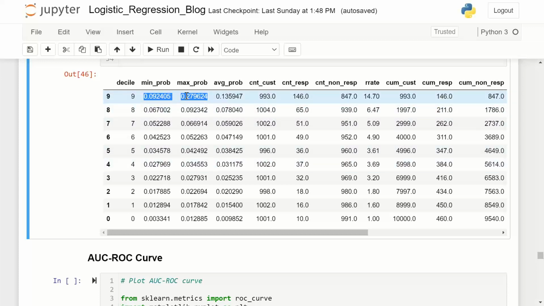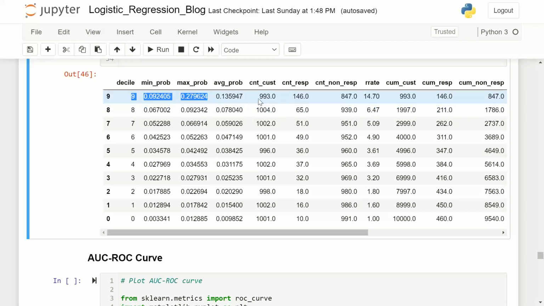As you can see, as you go deciles downward, the probabilities range in this segment is the lowest. That has been put as 0 decile. Then the probability range is going up. It has moved into decile 1 and so forth. And highest probability segment is given decile 9.